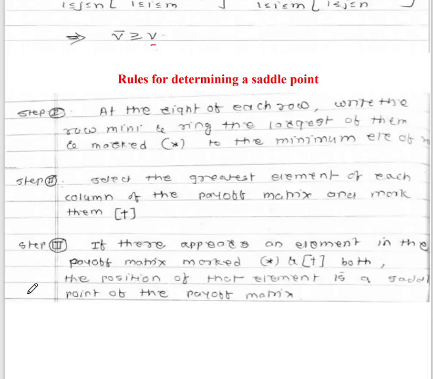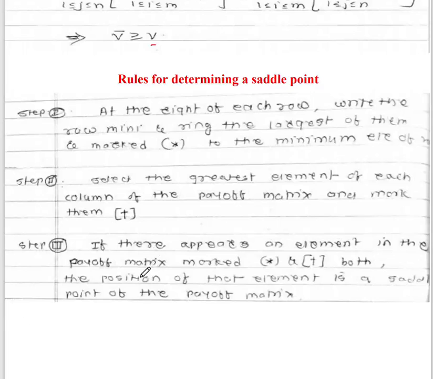And the third step is, if there appears an element in the payoff matrix marked with both star and plus, the position of that element is a saddle point of the payoff matrix. If there is an intersection of star and plus, then we can say that there is a saddle point.